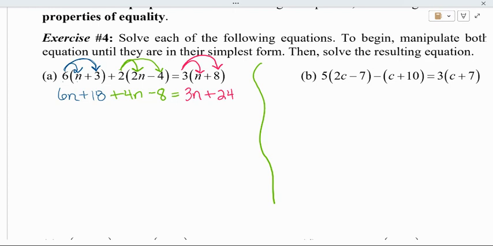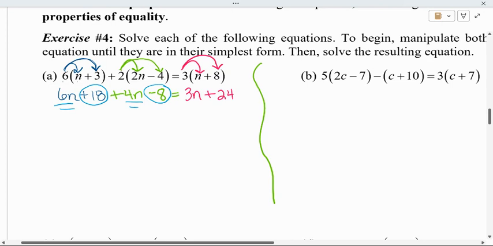All right, so now what? What do we have to do next? Yeah, we have to combine like terms. 6n plus 4n can be grouped together, but I also have 2 constants, 18 and negative 8. What is 6n plus 4n, Owen? 10n, good job.